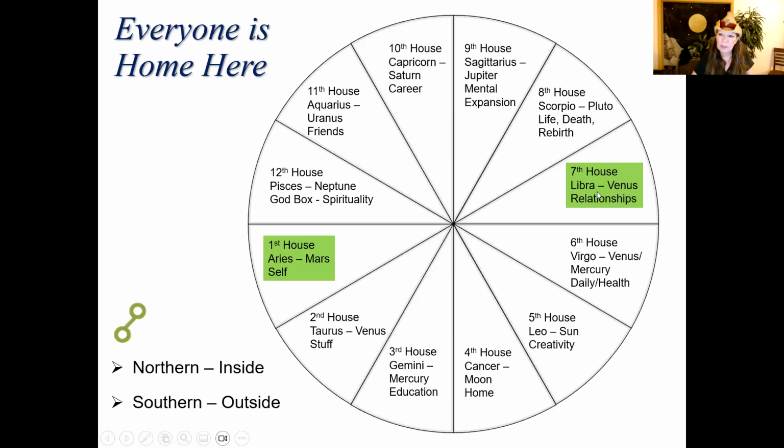Libra needs to understand the self in order to understand relationships. Aries needs to understand relationships in order to understand the self. So they have this familiarity. If you find the Aries-Libra opposition, you will find somebody who is learning about themselves through connection, or somebody who is learning connection to reveal something about themselves. So it's me and the other.